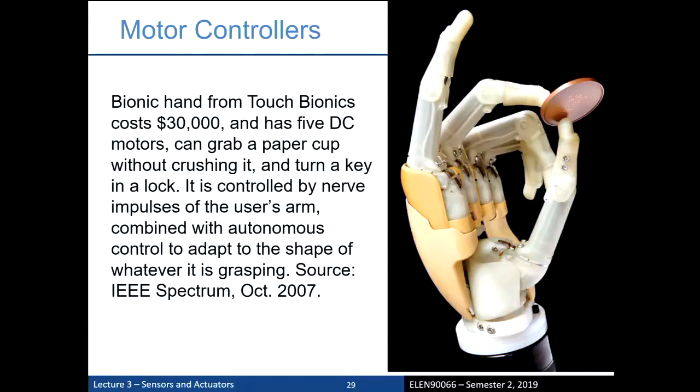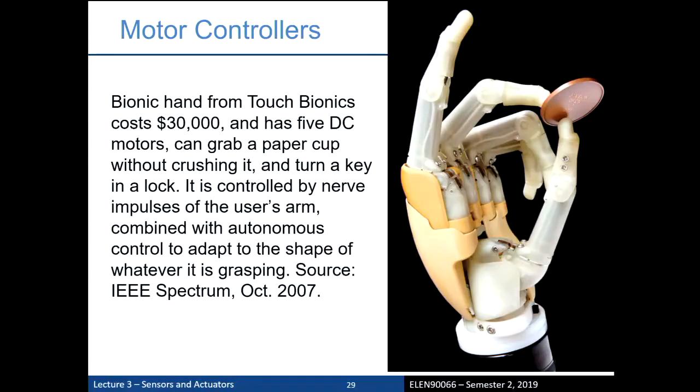current to drive them. So, for instance, with a little hand like this, you have to have control over a motor such that you can pick up something very small, like a coin, or something soft like a plastic or paper cup. If you squish it too hard, you've got to limit the motor torque, otherwise you're just going to crush the cup.